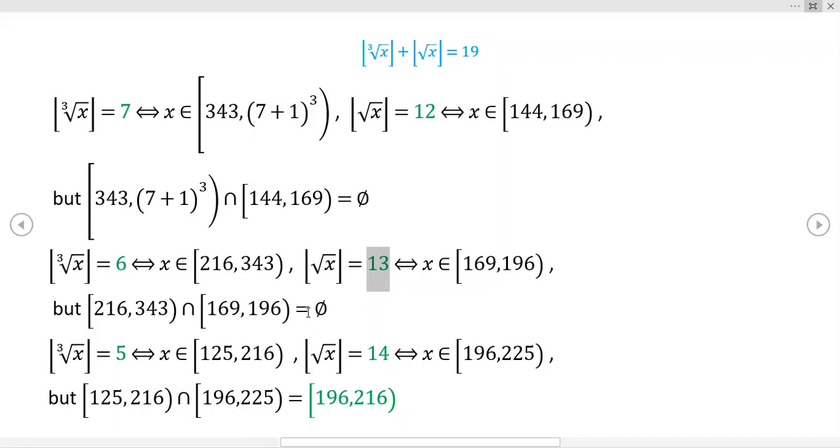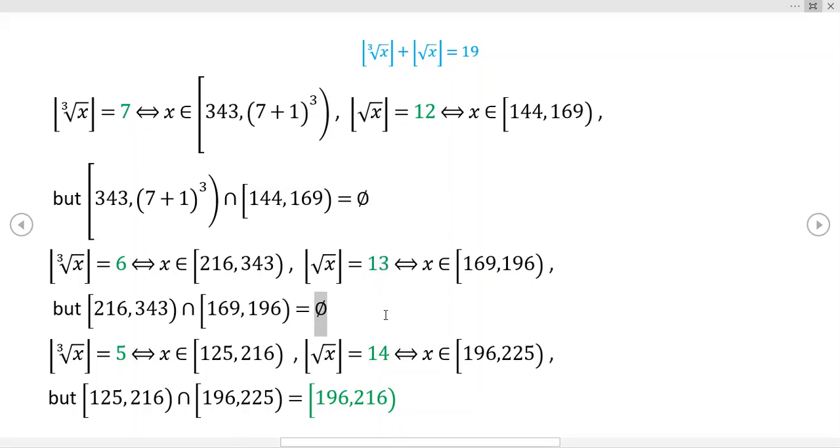But again, there's no overlap here. It's closer than before, but this interval right here is completely to the left of this interval. 196 is less than 216. So again, a void or a disjoint or a null set intersection.